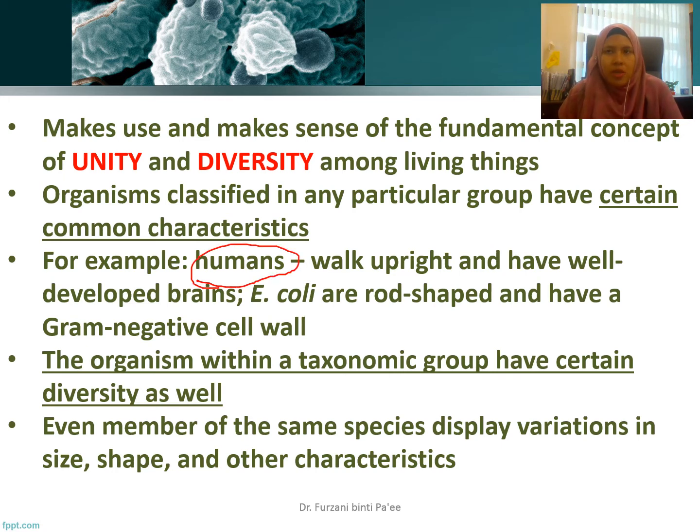To be in the humans group, they must walk upright and have well-developed brains. Any living organism that walks upright and has a well-developed brain can be classified into the humans group.